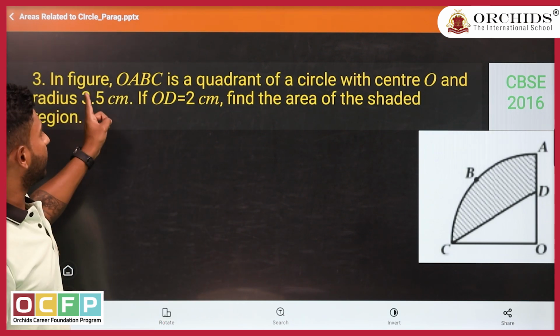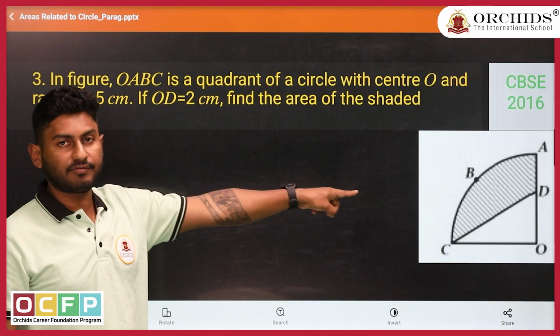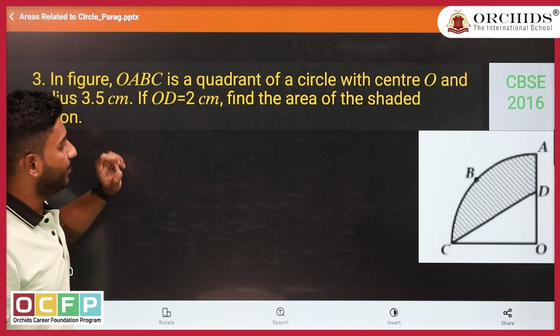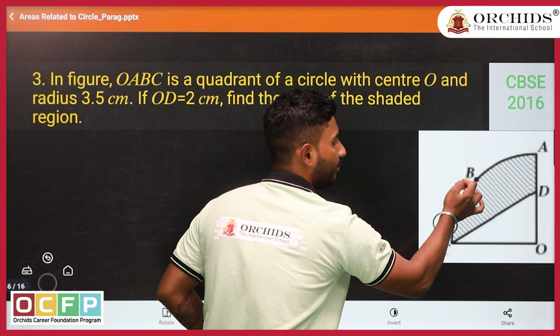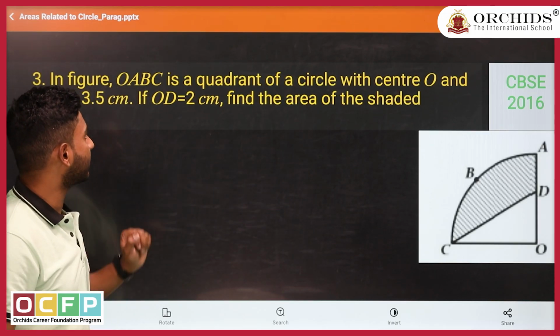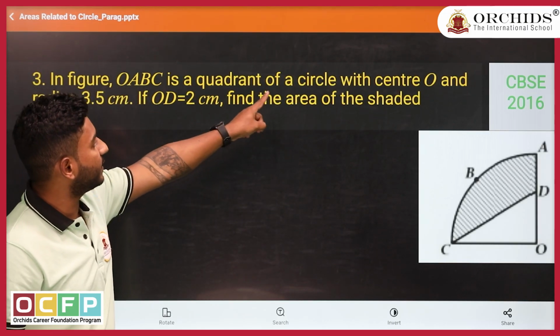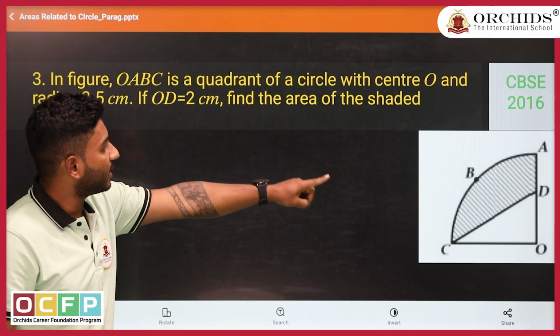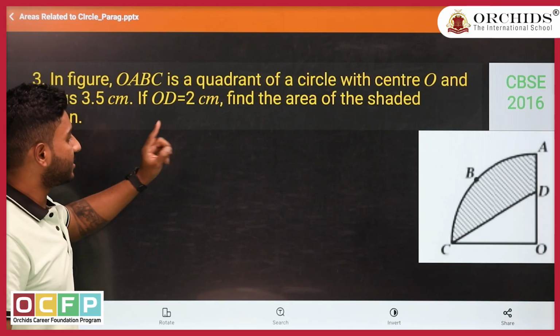Fine. So here the question is, in the given figure, OABC. You have seen OABC. So there is a sector, right? It is a quadrant of a circle with center O. Radius is 3.5 centimeter.